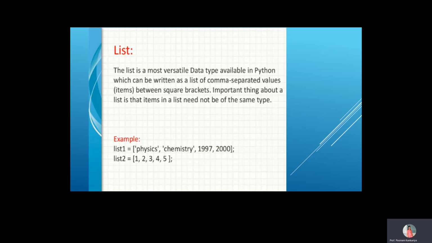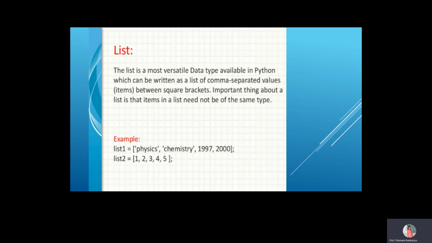List 1 has the values in square brackets: physics, chemistry, 1997 and 2000. Here list 1 has values of different data types. List 2 has values of the same integer type in square brackets: 1, 2, 3, 4, 5. These are some examples of lists.